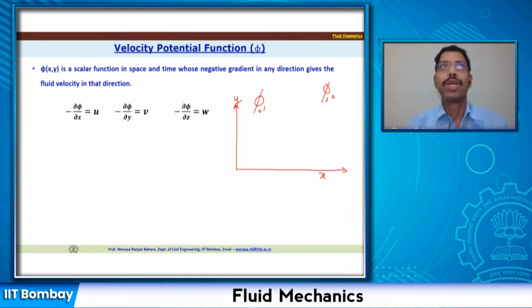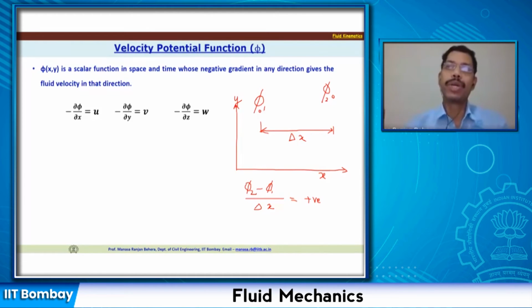If I want to find the term dou phi by dou x, what will it be? It will be phi 2 minus phi 1 divided by delta x, where delta x is nothing but the distance between these two locations. If I calculate phi 2 minus phi 1 divided by delta x, I'll get a value which comes out positive, because phi 2 is greater and phi 1 is smaller.